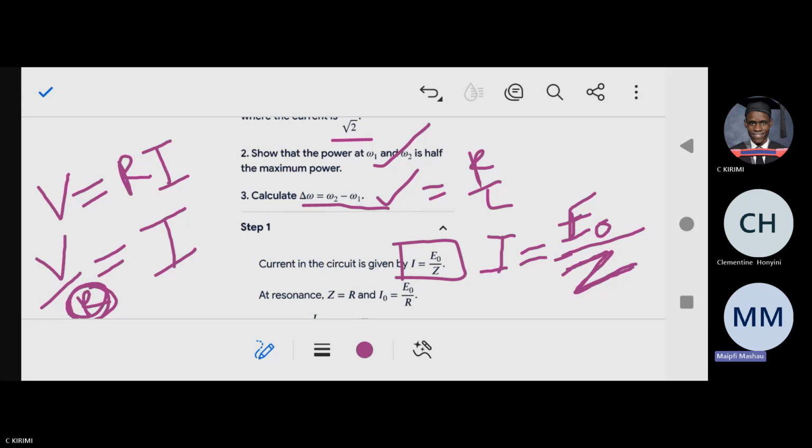Because the Z is representing the resistance, the R, which I replaced here because of many components. So at resonance, they are just replacing the resistance with the Z, which means the other components at resonance will be out.